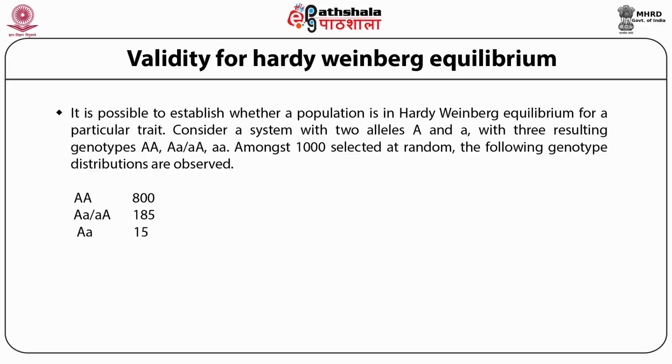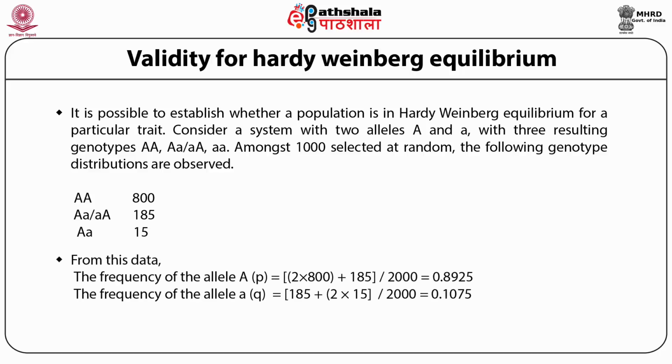From this data, the frequency of the allele capital A, denoted as p, can be calculated by multiplying 800 by 2 and adding 185 to it, and finally dividing this sum by 2000. We have doubled the number of the sample because we are considering a diploid organism.